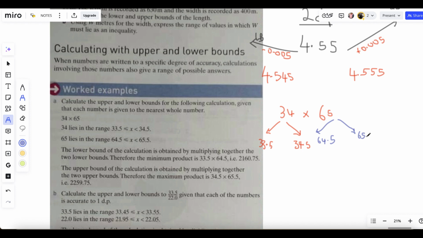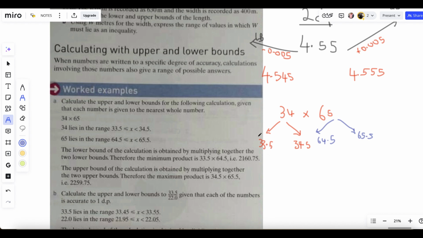Now for multiplication, because they say we should multiply, after you break each number down into upper bound and lower bound, you multiply the lower bound of this with the lower bound of this one. But if it's division, we divide the upper bound of the highest one by the lower bound of the lowest one. For division, it's quite different.